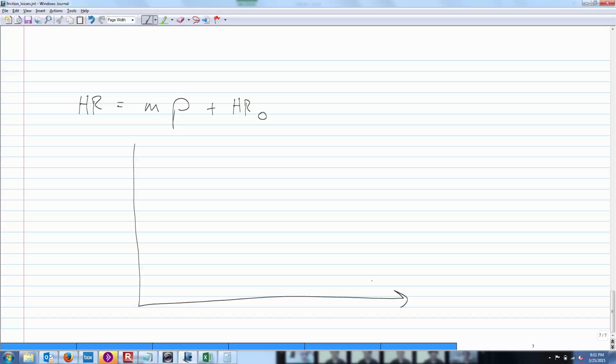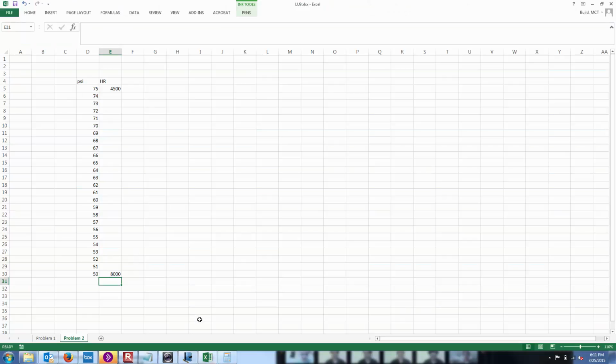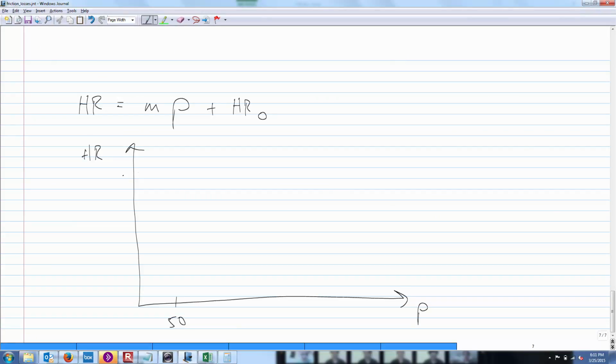So what we know is that we've got pressure over here, heat rate over here. And we know that at a pressure of 50, our heat rate is 8,000, right there. And we know at a pressure of 75, our heat rate is 4,500, right here.